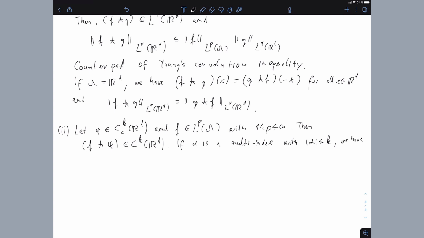Then we have that the partial derivative with respect to x to the alpha of the correlation is the same as f correlated with the partial derivative of the kernel.